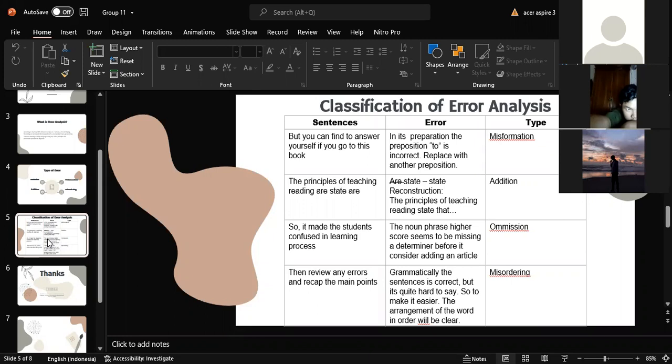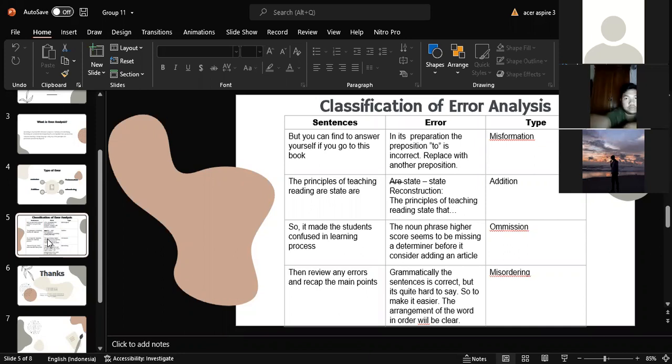Next sentence: so it made the student confused in learning process. Error: the non-parse higher score seems to be missing a determiner. Consider adding an article. The type is omission. Next sentence: to review any error and recap the main points.